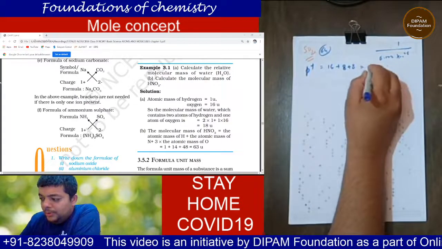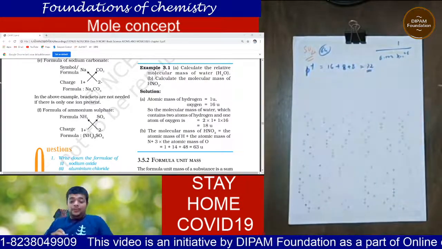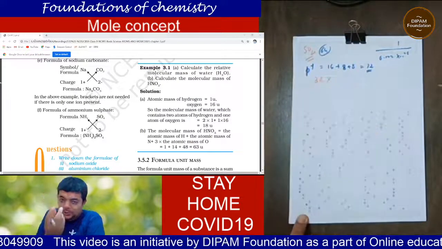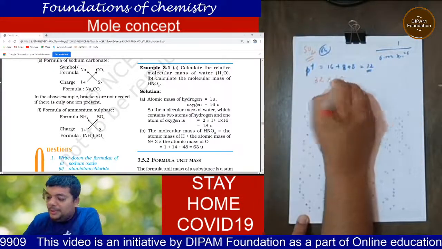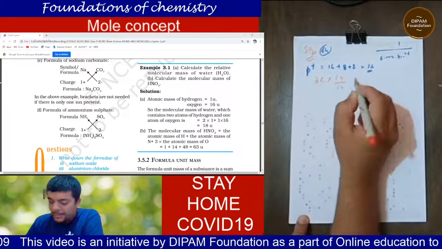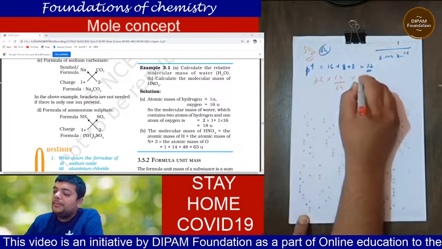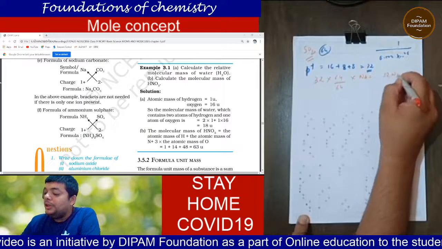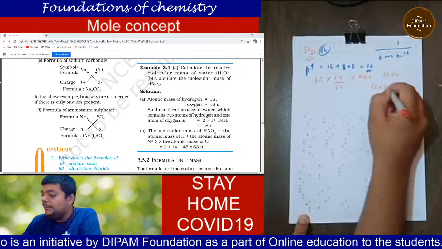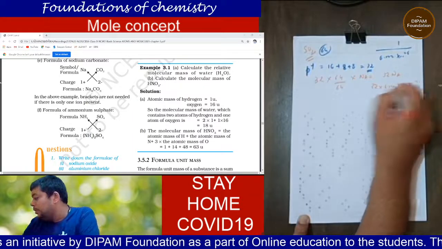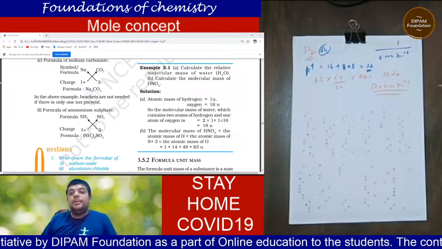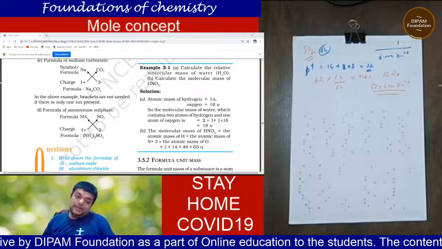So the total number of protons will be, very good, 32. Now 32 protons per SO2 molecule multiplied by total weight given, divided by molecular weight, multiplied by Avogadro number. This will help me to write 32 Na. It means 32 into 6.022 into 10 to the power 23 is the total number of protons present.